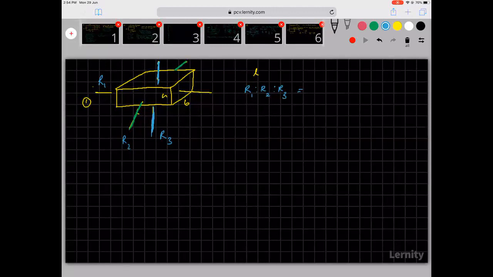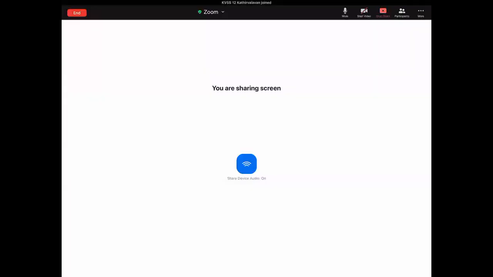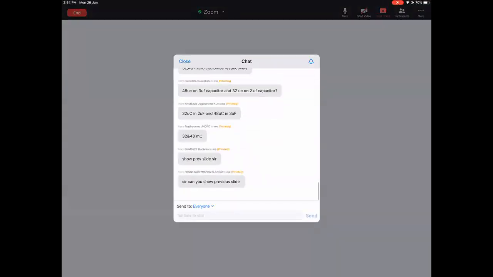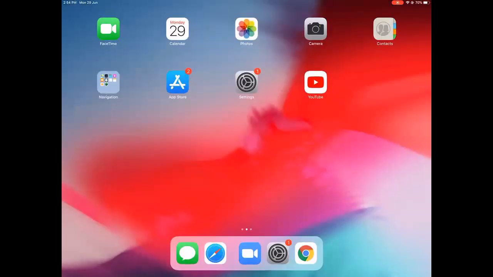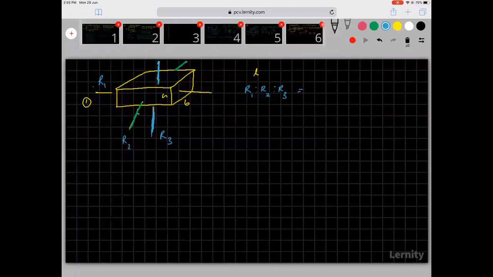If you can find out. There is a conducting cuboid with dimensions LBH. I am asking you what is R1 is to R2 is to R3. R1 represents wires connected this way. R2 represents, I have given you all the dimensions.